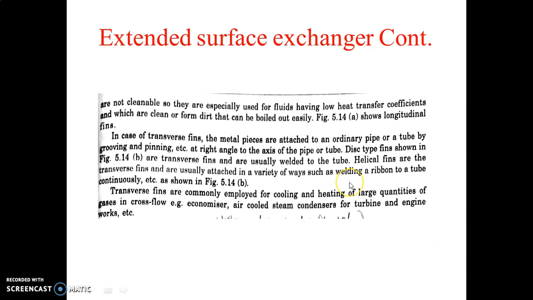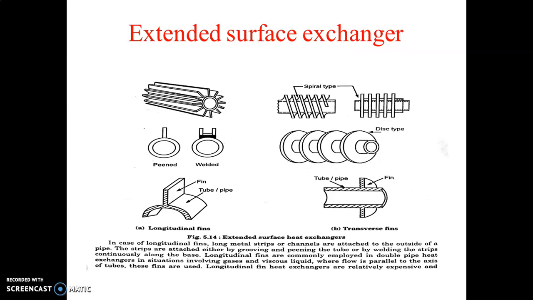Generally transverse fins are commonly used for cooling and heating of large quantities of gases, for example in an economizer or an air cooled steam condenser for a turbine. So depending upon your use, you can use either a longitudinal or a transverse fin.